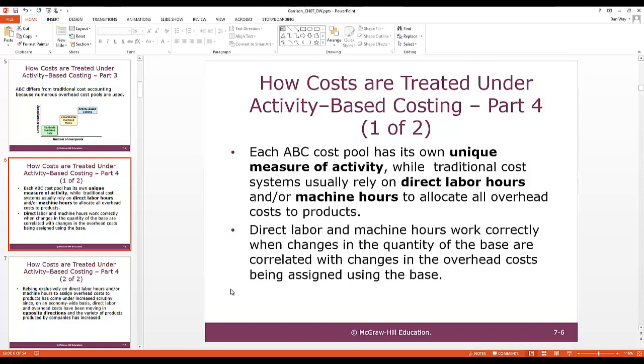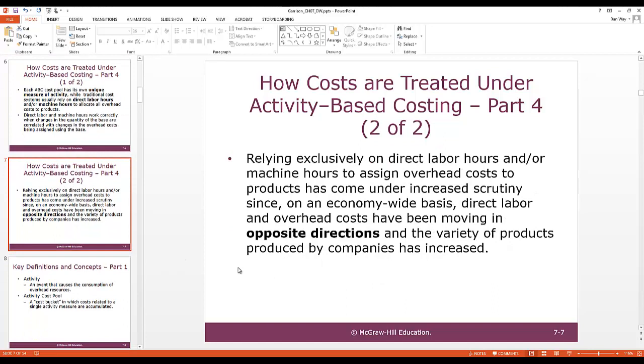So we may have the number of orders for something that's sort of order driven or batch based. We may have number of machine setups if it's a batch level activity, something that occurs for a certain subset of units of product. And again, we'll talk about those levels of granularity in a couple minutes here. But suffice to say, under ABC, we typically have far more cost pools than we would under our traditional costing systems.